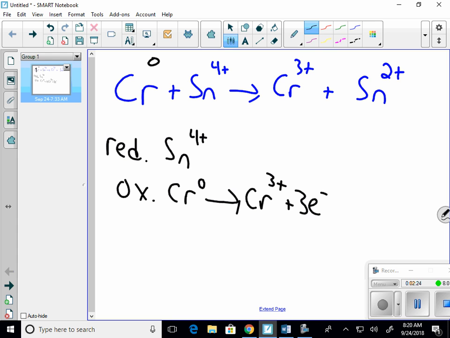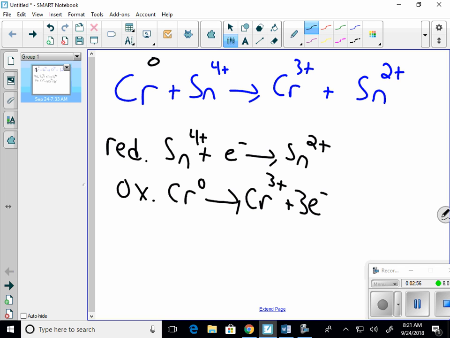Now again, I know that worksheet that you have, they're all bunched together. Boy, when we start working a little bit, you look at my answer key, all I do is write off to the side this type of stuff. Reduction. Reduction means you gain electrons. Remember, Leo goes Ger, gain electrons, reduced. So it's going to gain electrons to become the tin plus 2. Well, how many electrons did it gain?